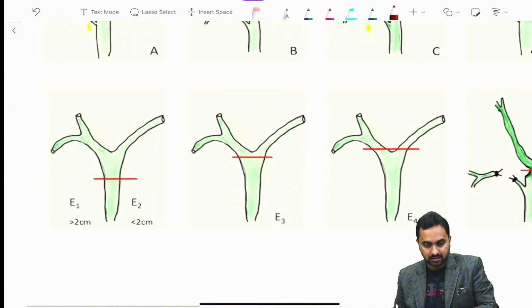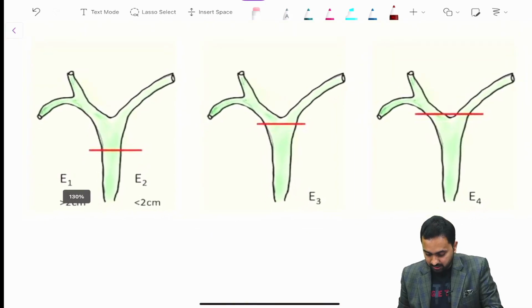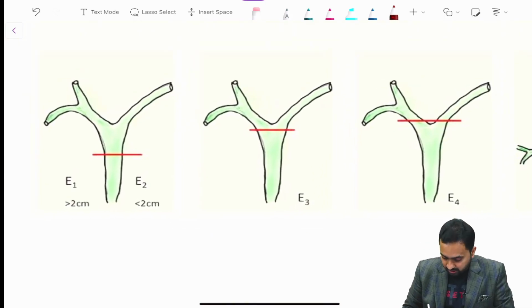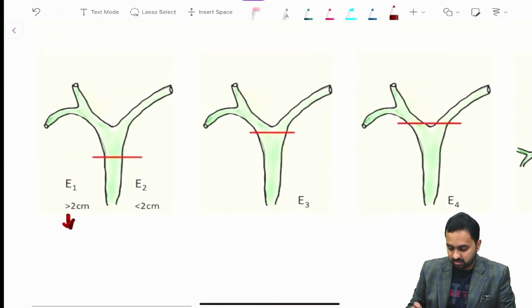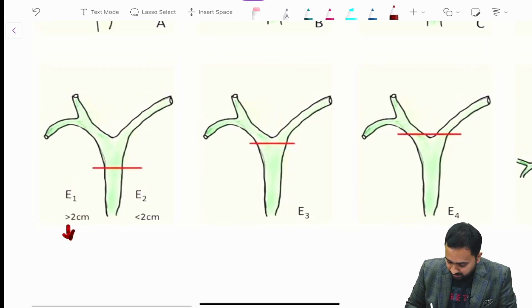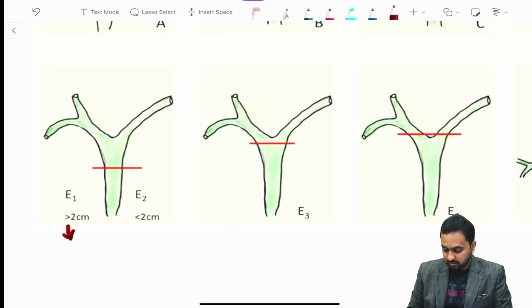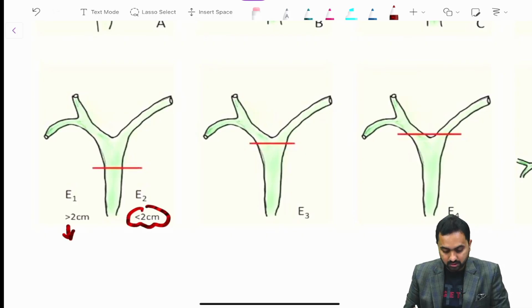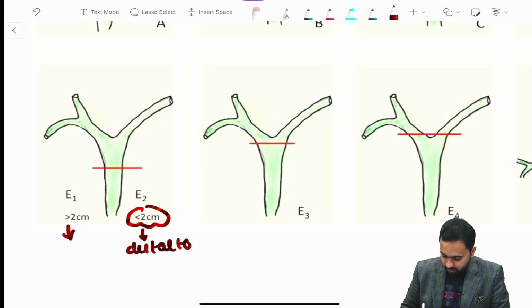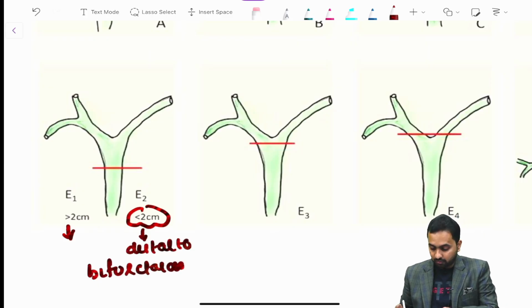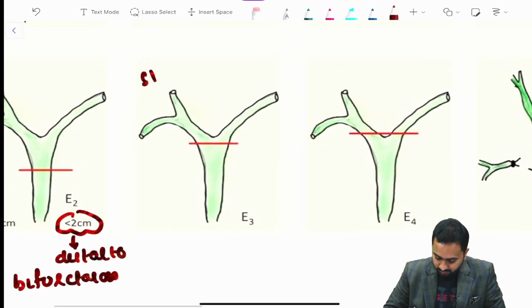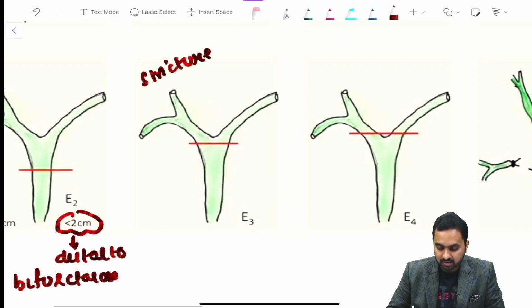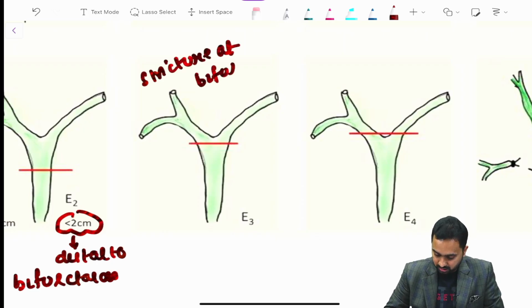Now, your E is further classified. This is your Bismuth classification. If you see your E1, it is when your stricture is more than 2 centimeter distal to the bifurcation. In case of E2, it is less than 2 centimeter distal to bifurcation. In case of E3, you have your stricture at bifurcation.